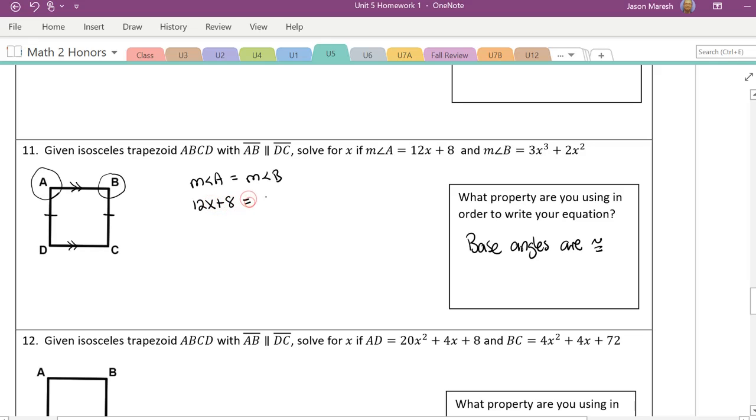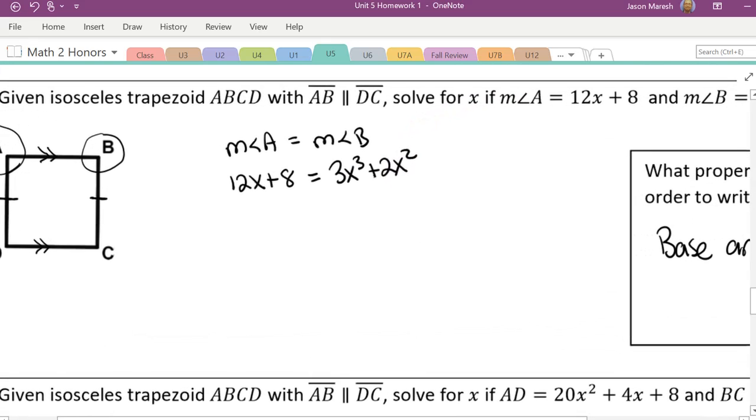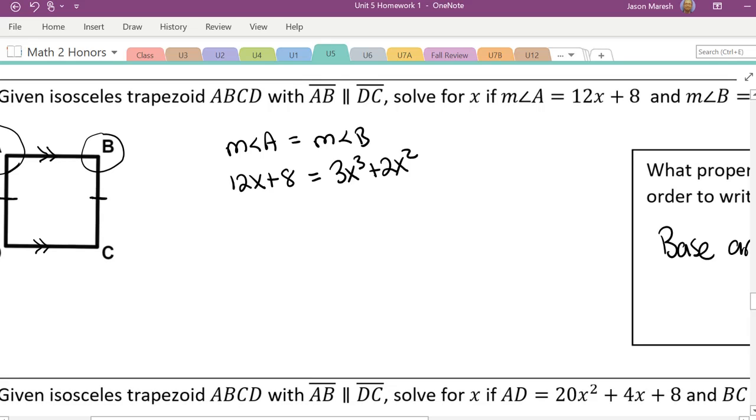The measure of angle B is 3x to the third plus 2x squared. So I finally got to my equation. You want to take your time, make sure it's a good equation to start with. If you thought they added up to 180 and set that up wrong, you would end up with the wrong answer. So you want to be careful that you know how to set these up.